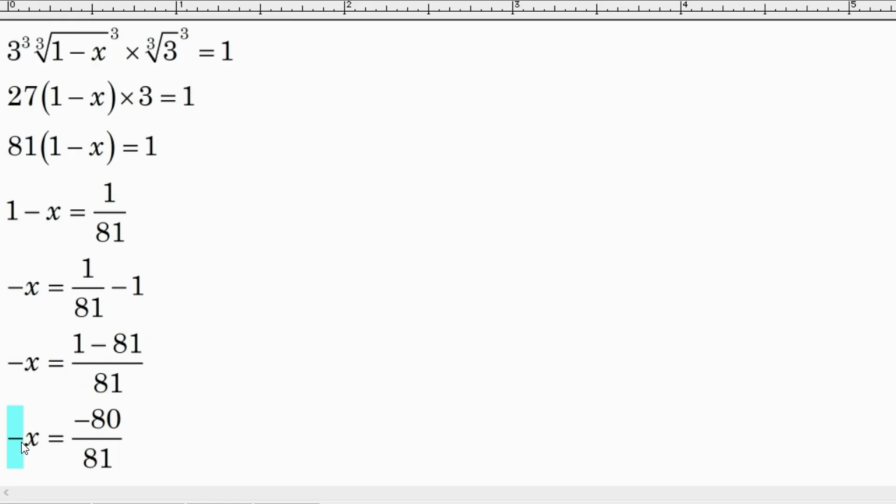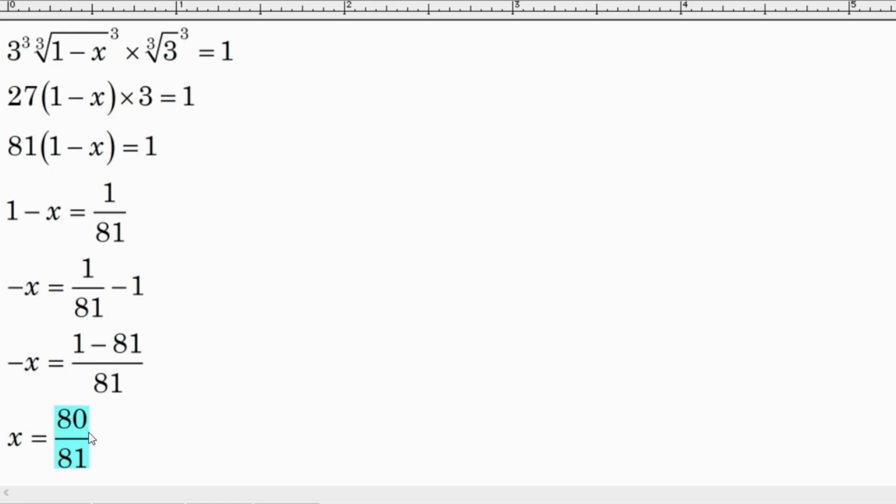Okay, so we have a negative sign at the left hand side of the equation, and we also have a negative sign at the right hand side of the equation. So we can multiply both sides of the equation by a negative sign, so we will get all positive. So that will be x equal to 80 divided by 81.